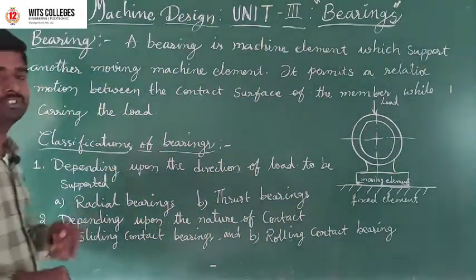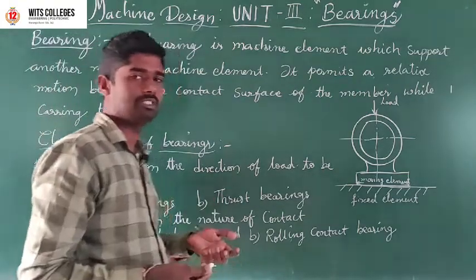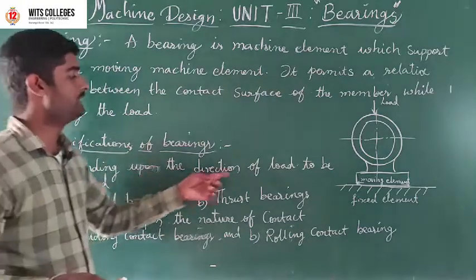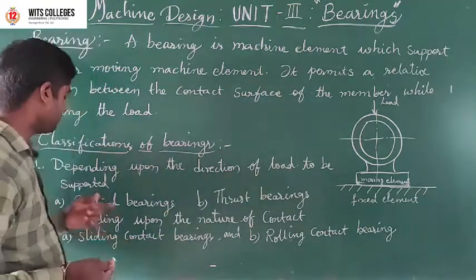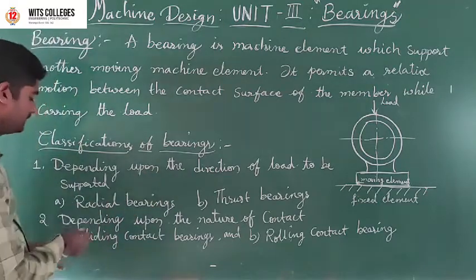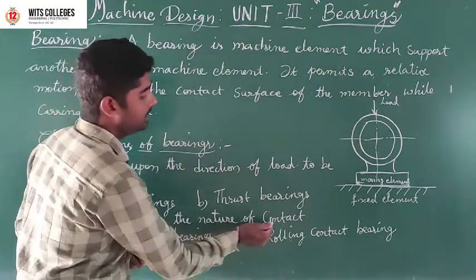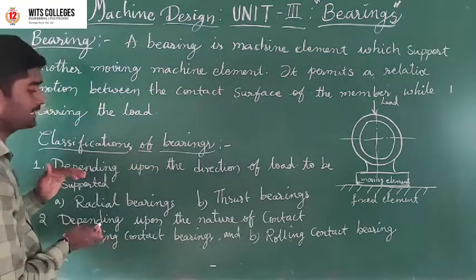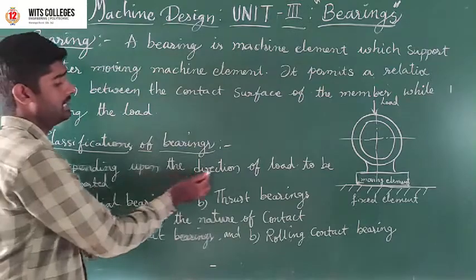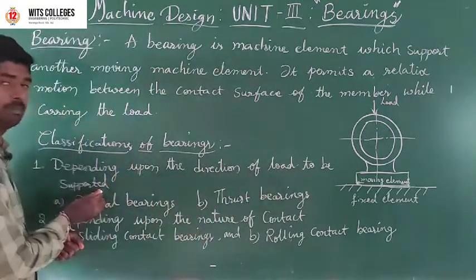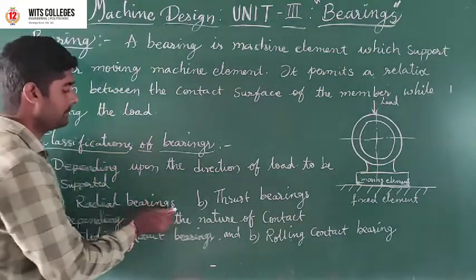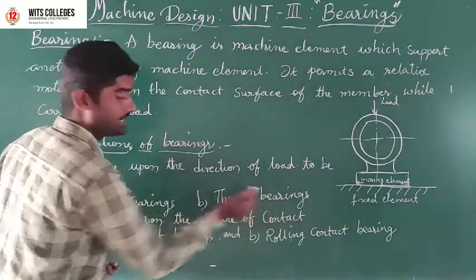Next, classification of bearings. There are two classifications. One is depending upon the direction of load to be supported, and the second is depending upon the nature of the contact. The first is divided into two types: radial bearings and thrust bearings.